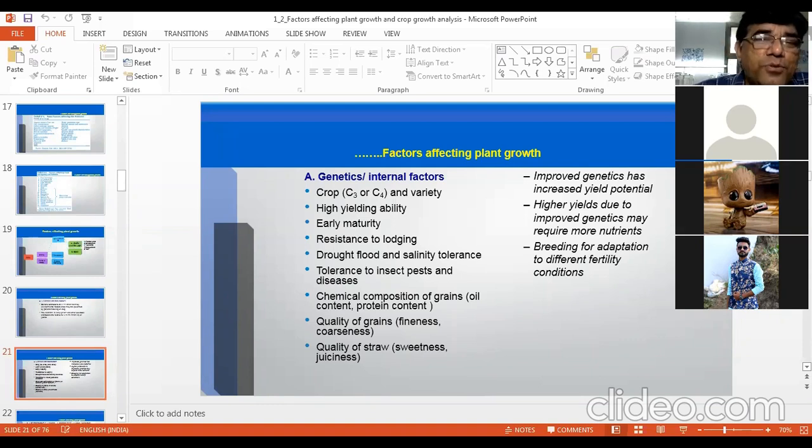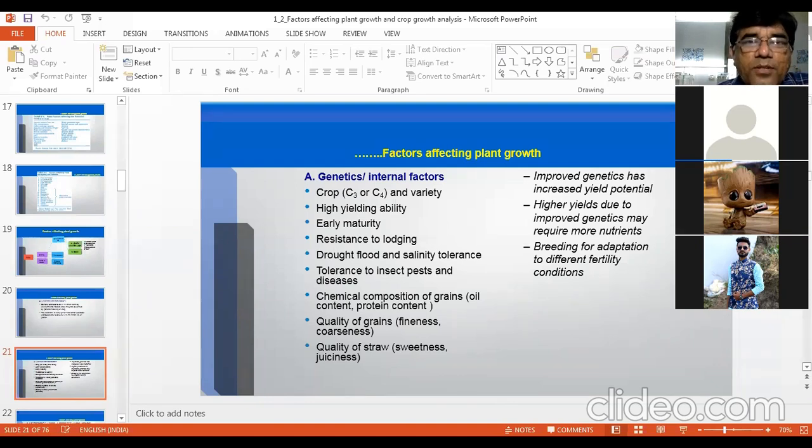Like in the case of sugarcane or potato, the yields are high. But see the case of your pulses or oil seeds, the yields are lower. The overall biomass production is less. Quality of grains, fineness, coarseness, it also affects the growth.